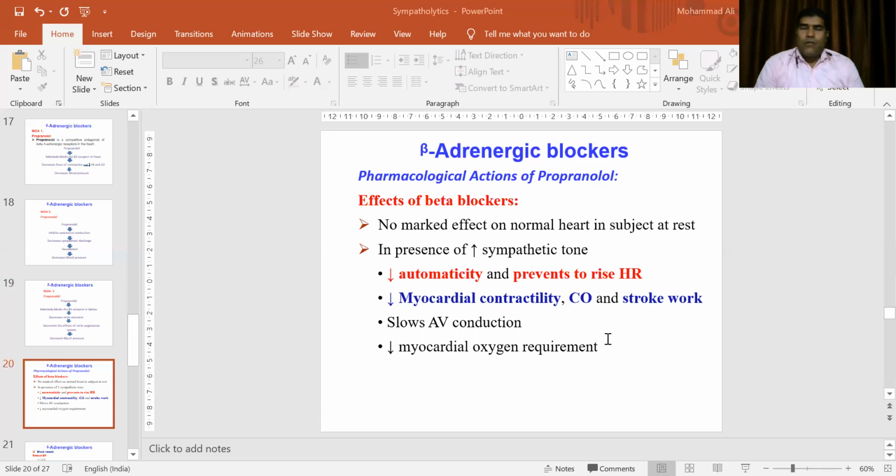It decreases myocardial contractility, cardiac output, and stroke work, slows atrioventricular conduction, and decreases myocardial oxygen requirement. That is the effect of beta blockers.